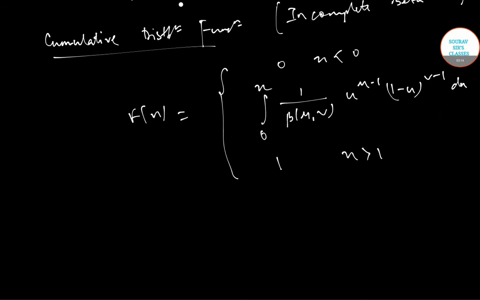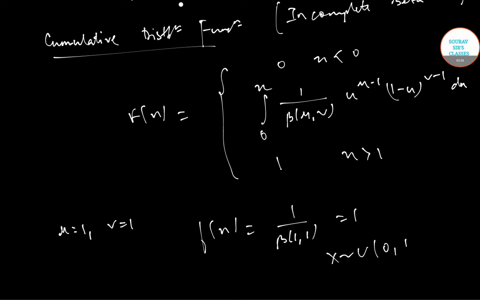And say if we take mu is equal to 1 and v is equal to 1, then we get the PDF f(x) is equal to 1 by beta(1, 1), which is equal to 1, which is the PDF of a uniform distribution on (0, 1). So x follows uniform (0, 1).